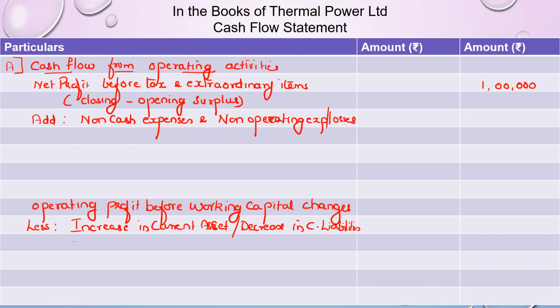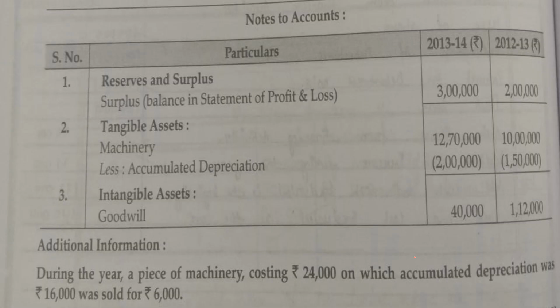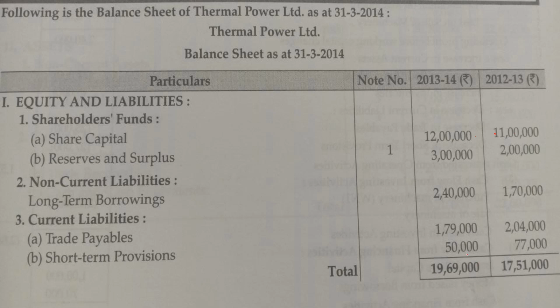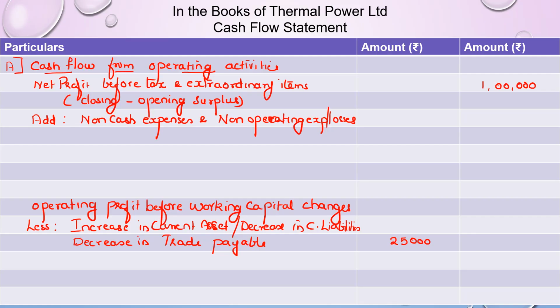So we write there is a decrease in trade payable of 25,000. Now going further, the last item on the liability side is a decrease in short-term provision of 27,000. So again it's a decrease. So we write it in the subtract part, short-term provisions.